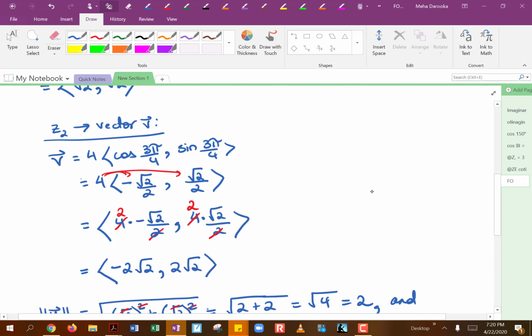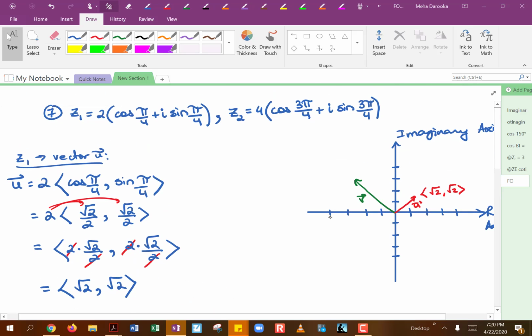We know our angle is going to lie on the negative real axis, which is this one right here, and we have 4, 5, 6, 7, 8.